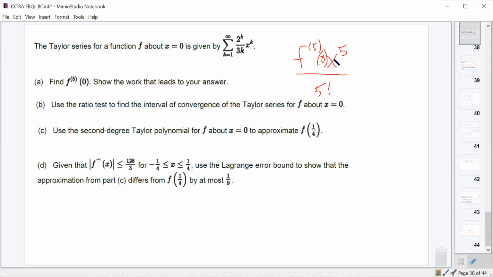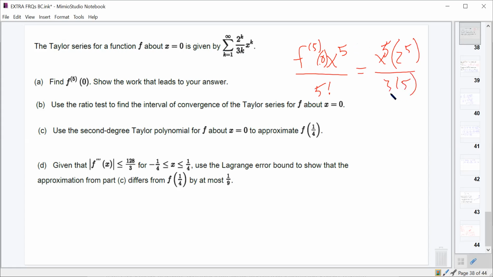And all we need to do is figure out what it is here. When we plug it in here, it should be x to the fifth times 2 to the fifth over 3 times 5.